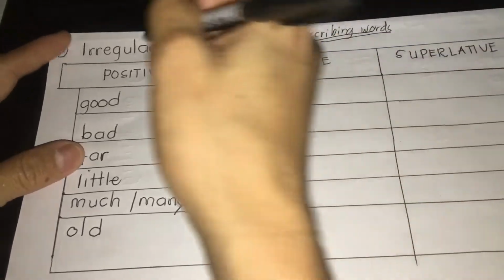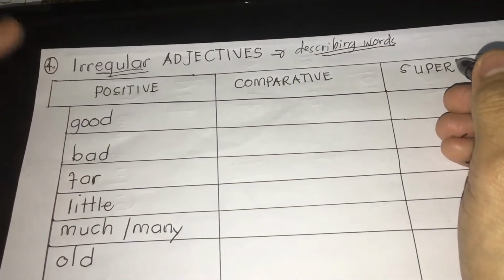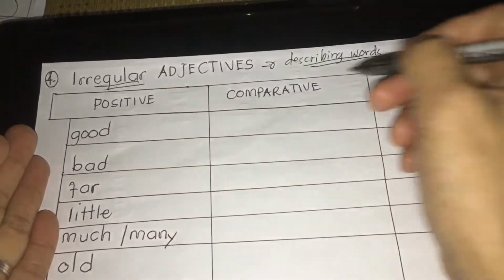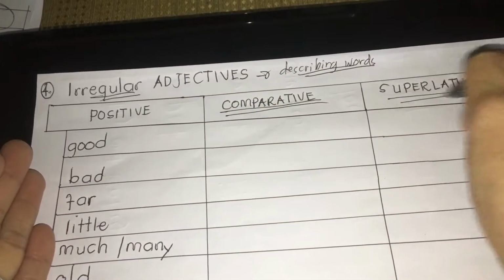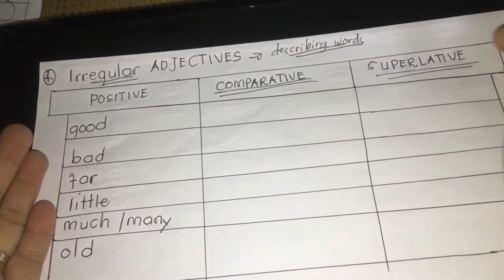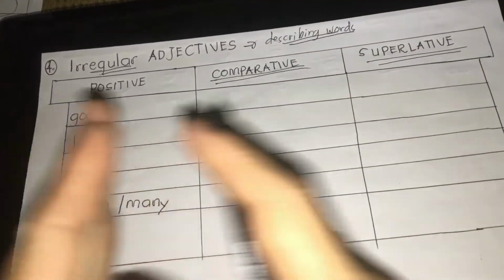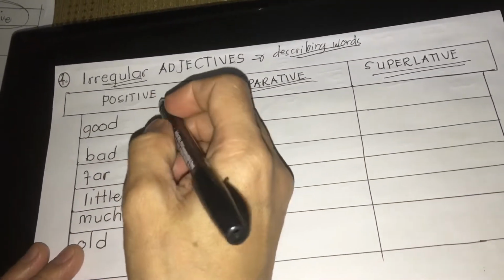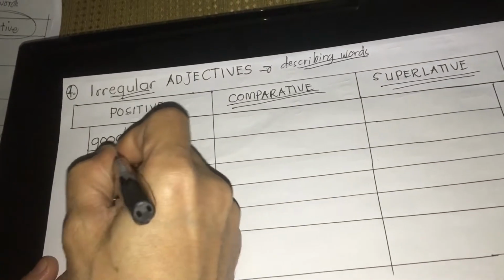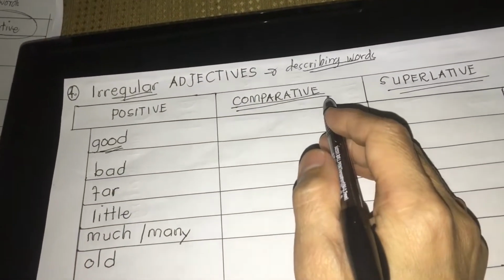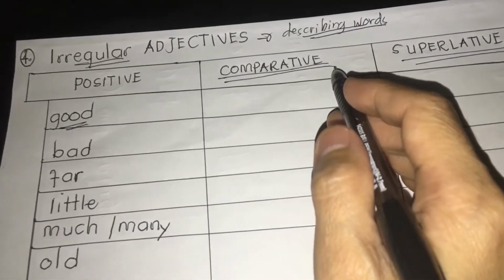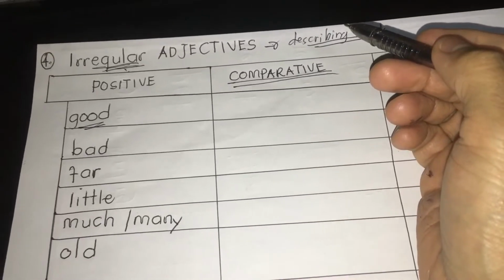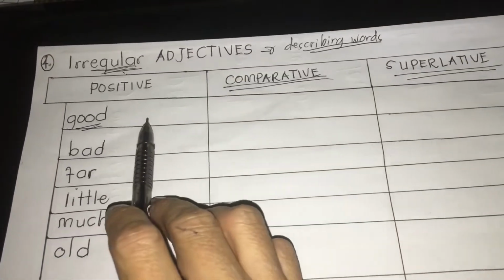When we talk about irregular adjectives, that means the positive degree form of an adjective, when we form the comparative and superlative degrees, remember guys, their spelling should change. So for example, the positive degree here is good. What about in comparative? Talking about what we call irregular, just like irregular verbs, they generally change their spelling, also in adjectives.